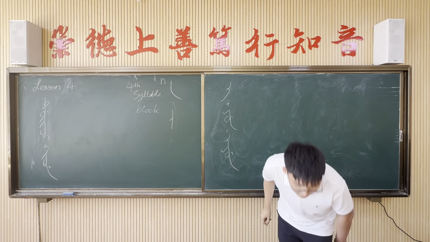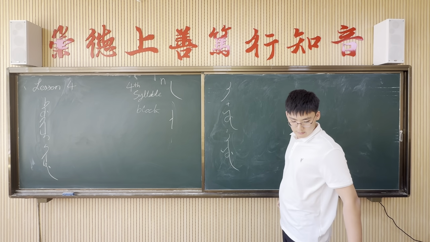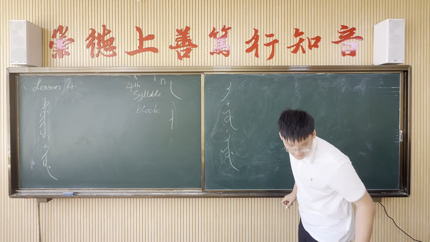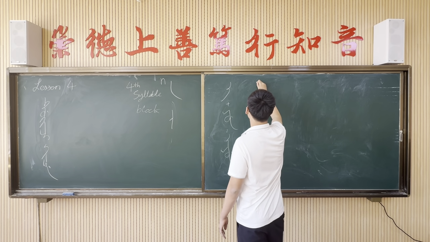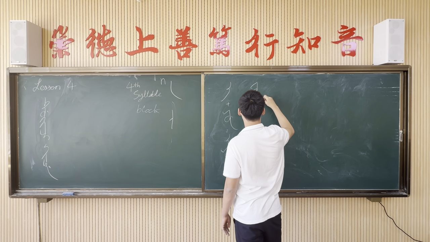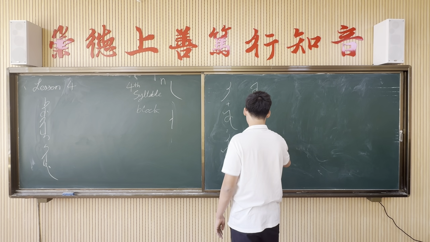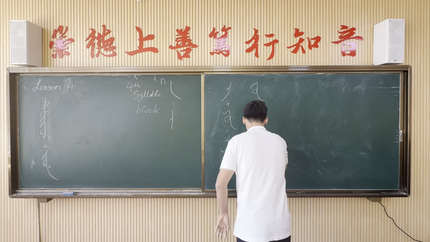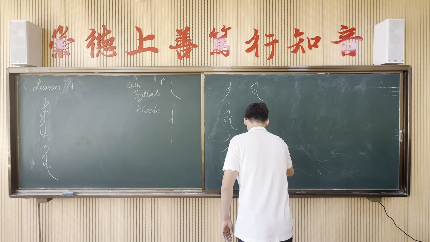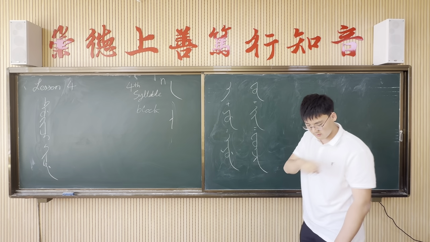Yun means sister. And then we have Fon Jin. Fon plus Jin equals Fon Jin.